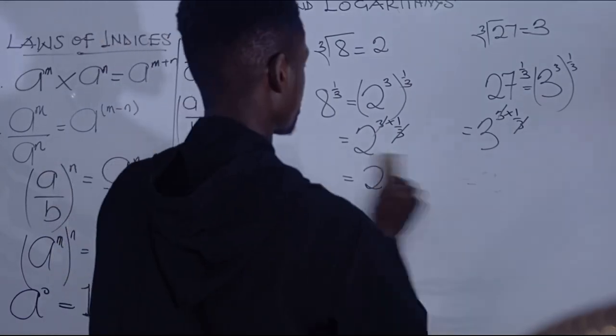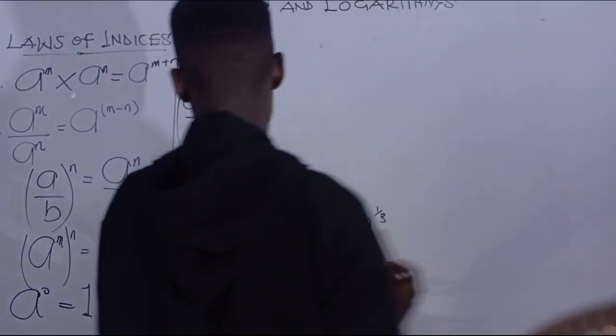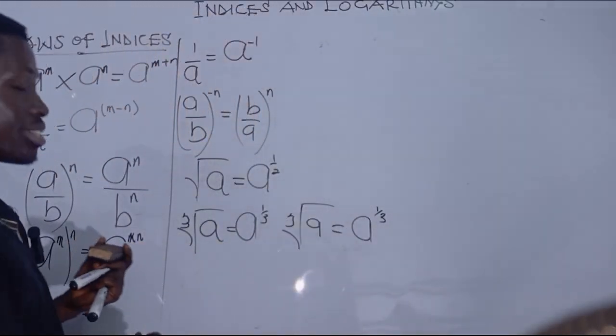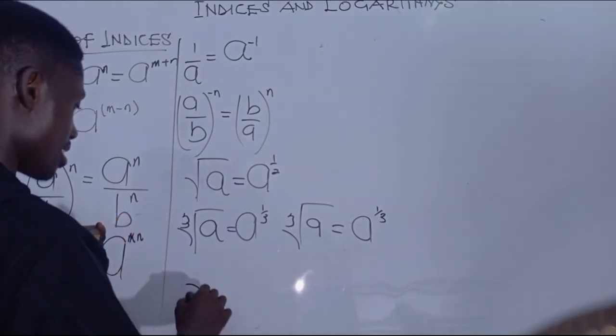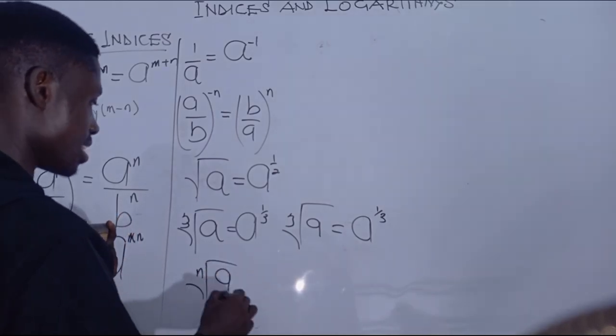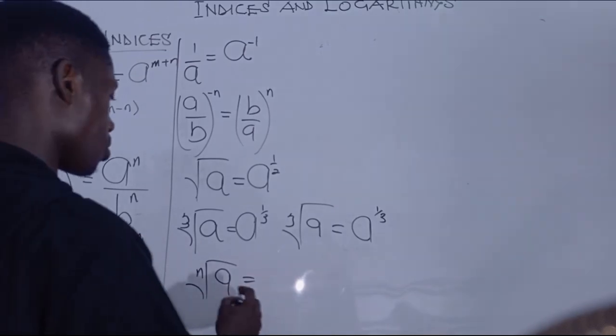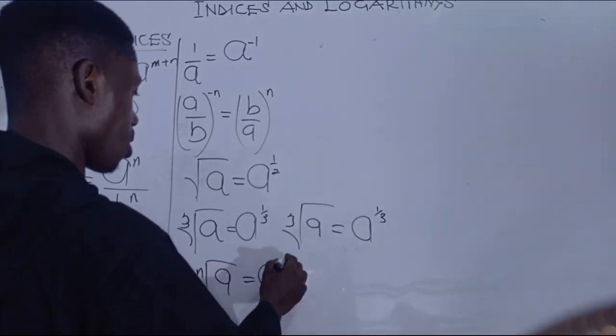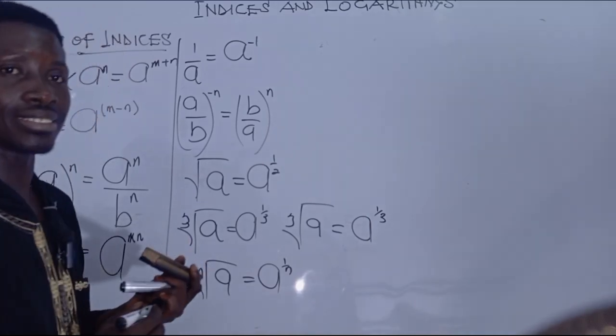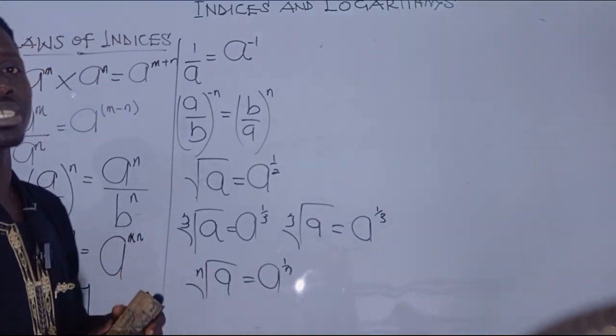Good. So we can therefore continue and generalize and say that the nth root of any number is equal to that number raised to the power 1 over n, as easy as A, B, C, D.